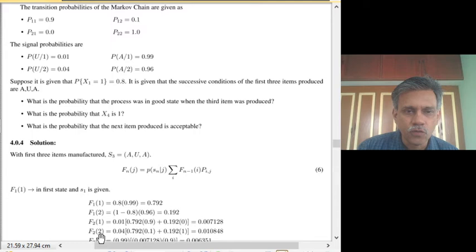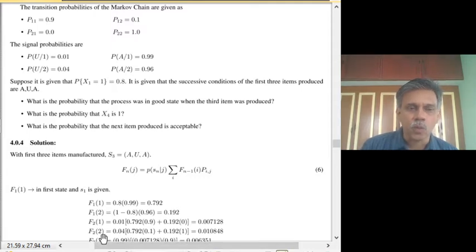And next is F22. Well, now don't make one mistake: don't think that you can get F22 by subtracting F21 from 1. F22 is not 1 minus F21. Okay, so that is not right.